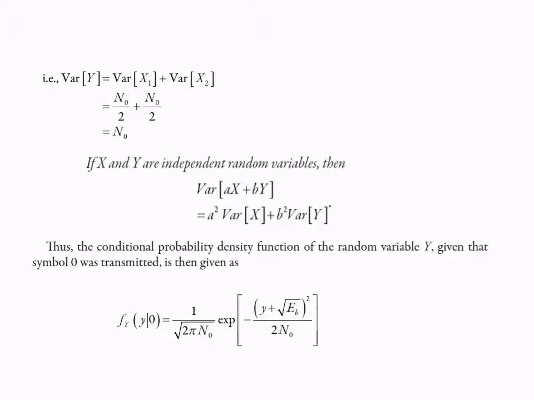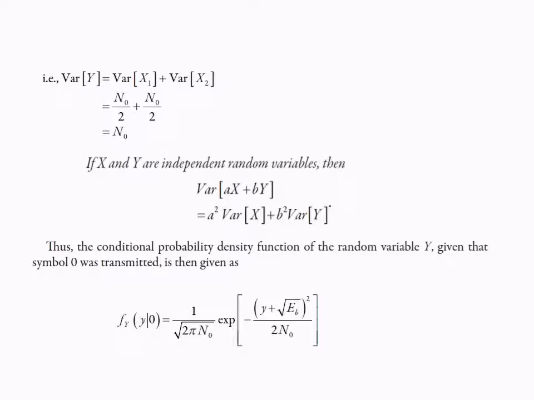Now we are going to substitute these values. We are going to write the conditional probability density function of random variable y given that symbol 0 was transmitted, as we assumed at the start of the derivation of error probability that we are transmitting symbol 0.